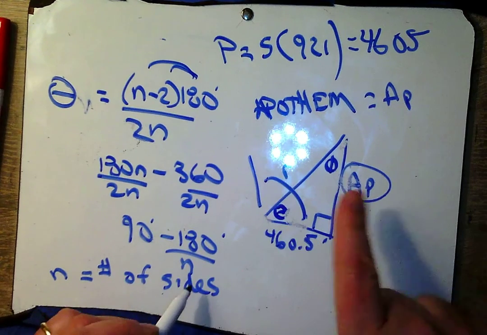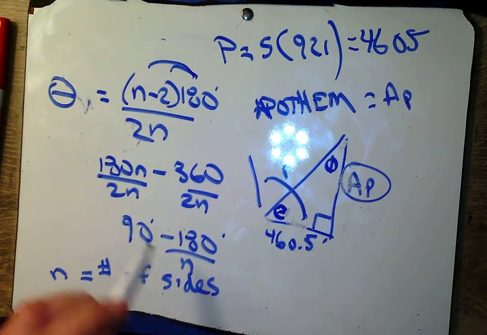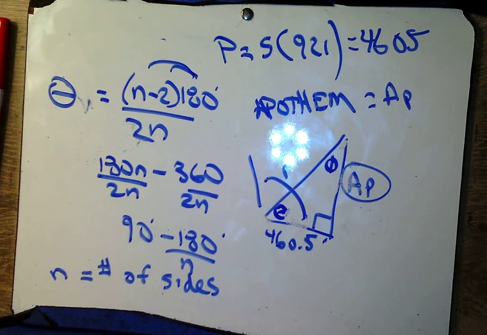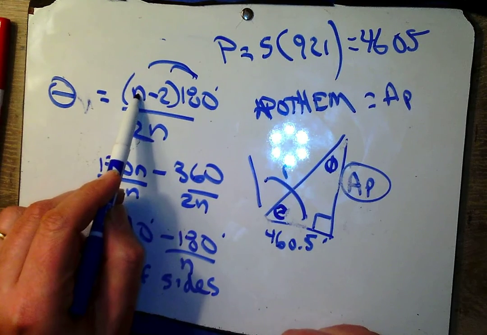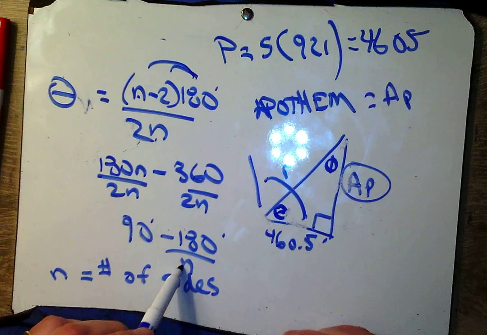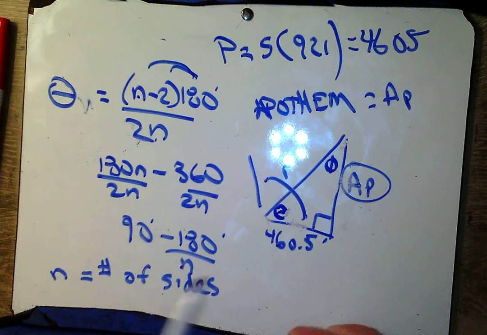And it's not 3. We're talking about a pentagon. So in our problem, n is 5. Okay, so I'm going to plug a 5 in for n. I can plug my 5 in for n here and here, or I can plug my 5 in for n here. 180 divided by 5.